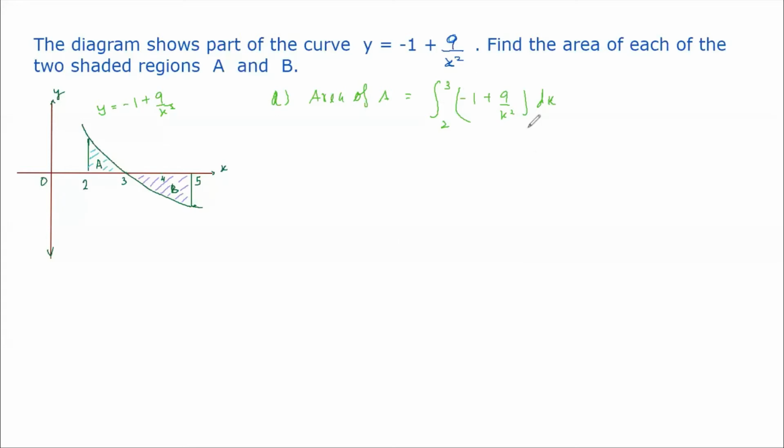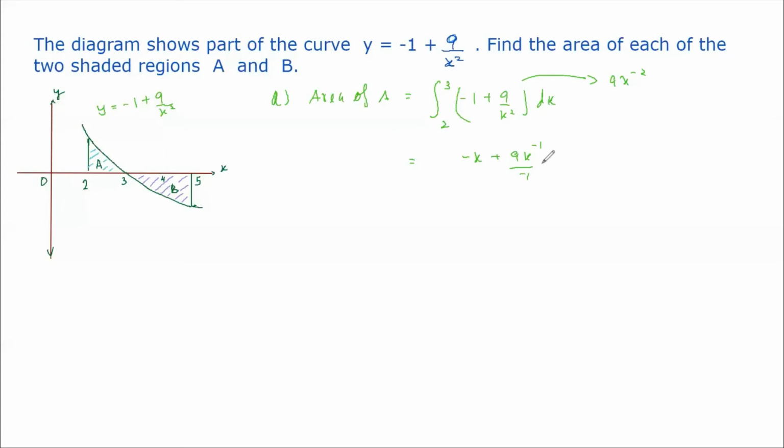So now this one you know how to integrate. Integrate 1, that means x power 0. So you have negative x plus, you can write this one as 9x to the negative 2, and then integrate to become 9x to the minus 1 over negative 1.